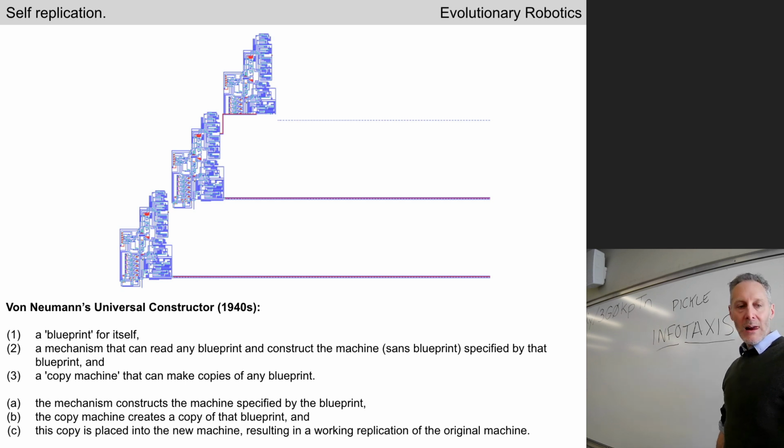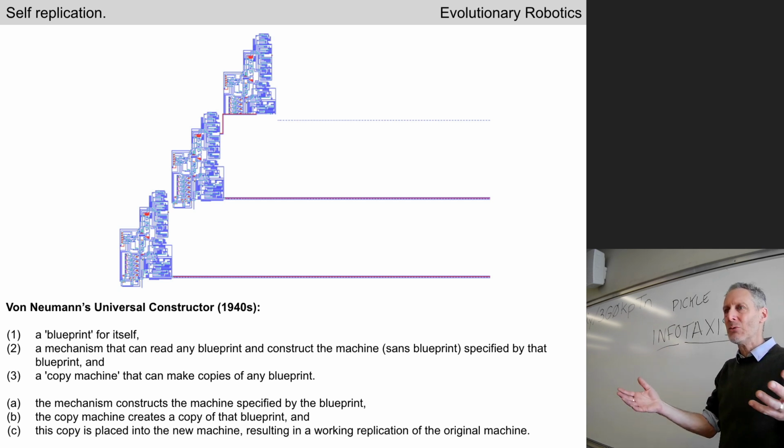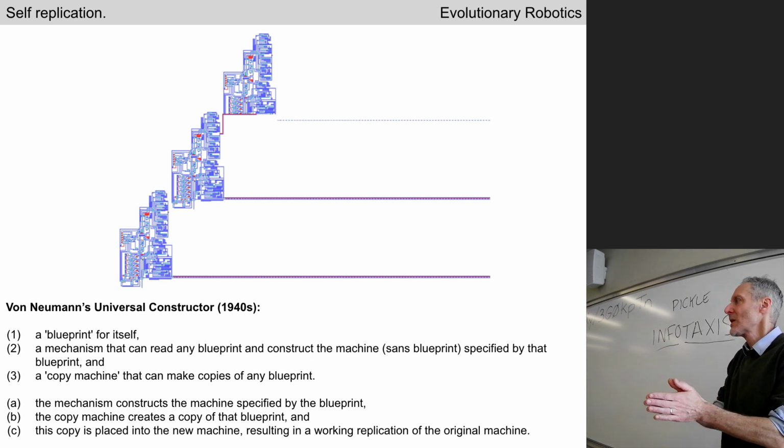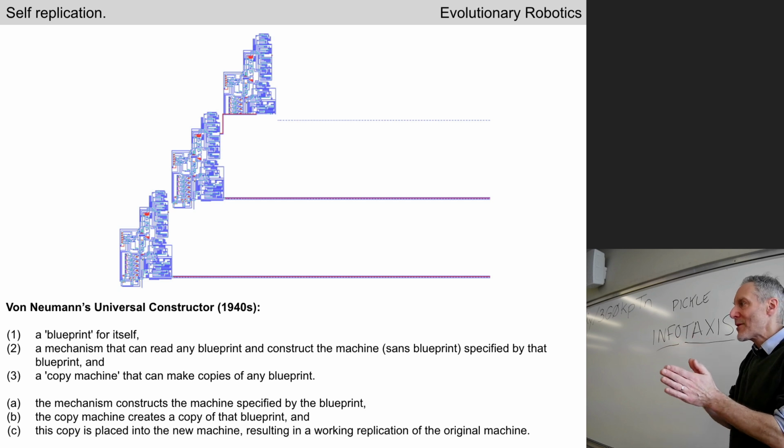Von Neumann mathematically went through a lot of effort to determine an actual instance of this. We can just say, yeah, there's a mechanism that looks at the blueprint and makes a copy of what it sees and copies the blueprint, but what exactly does that mean? What does this mechanism look like? He described in detail mathematically a machine that would do that.